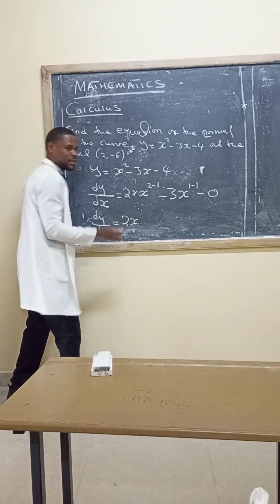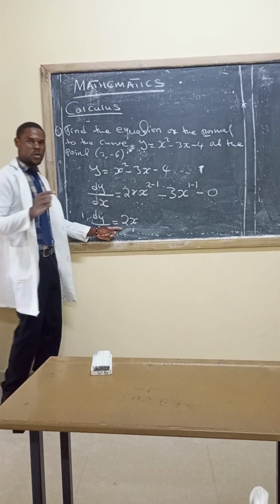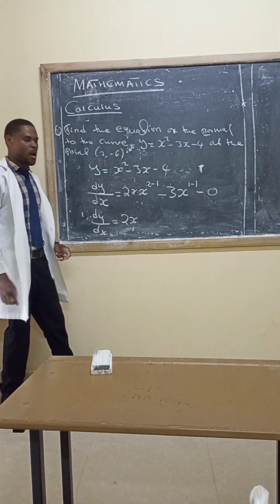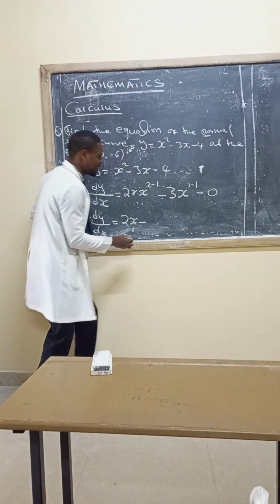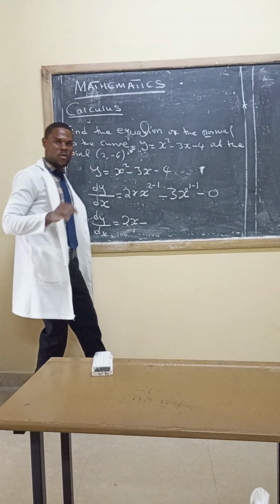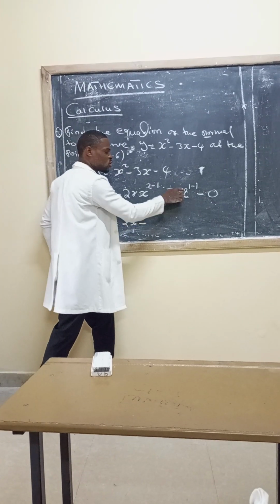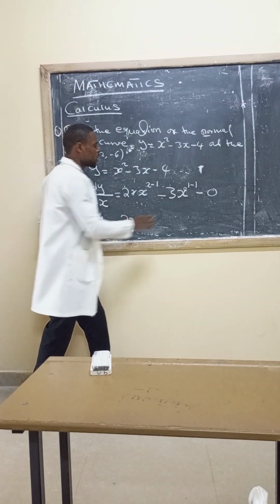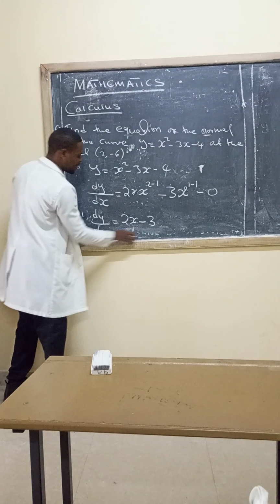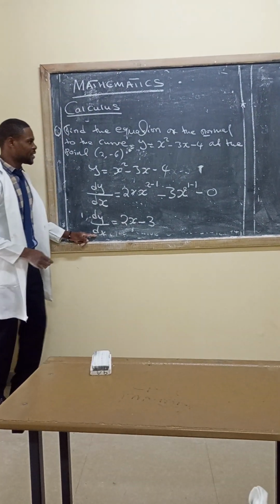Then 2 minus 1 is 1. So under the laws of indices, 2x is already raised to the power 1. Minus, now 1 minus 1 will give us 0. Under the laws of indices, any number raised to the power 0 is 1. So 1 times 3 will give us 3. This is the derivative of the equation.